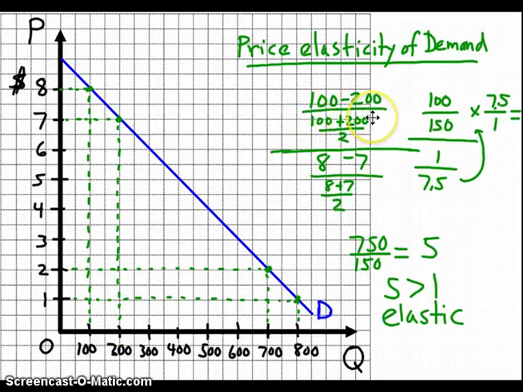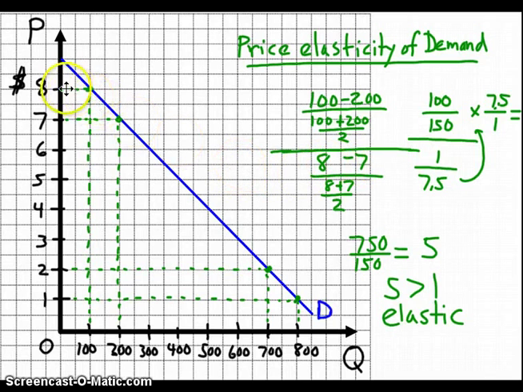I divide that difference by their sum divided by 2, finding their midpoint. Again, remember we ignore the sign, so the fact that it becomes a negative 100, we just drop the negative sign. So the difference between the two is 100. In the bottom we get 150. 100 divided by 150.